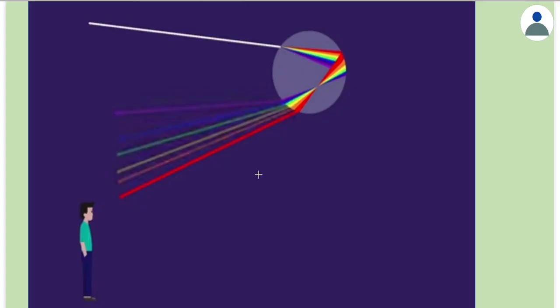That is, if we look at one water drop here, in this case all the colors are dispersed as seen here, but not every color from this would fall on the observer. So in this case, from this water drop only the red color is falling into the observer's eye, not every other color.